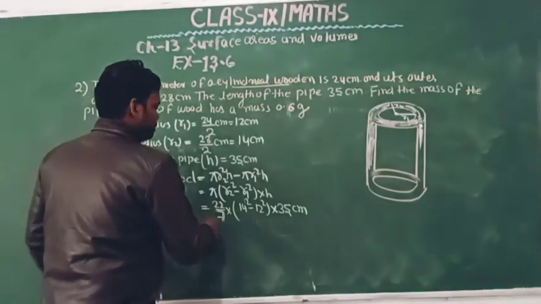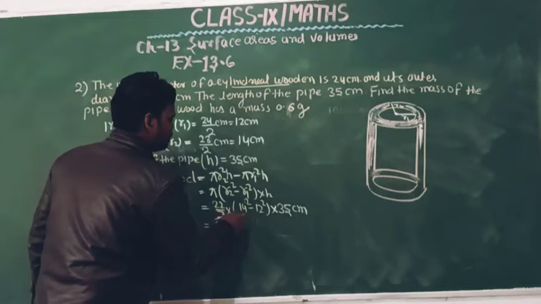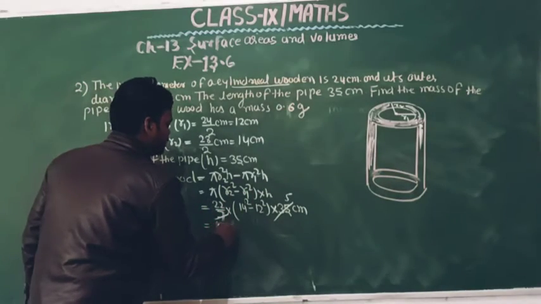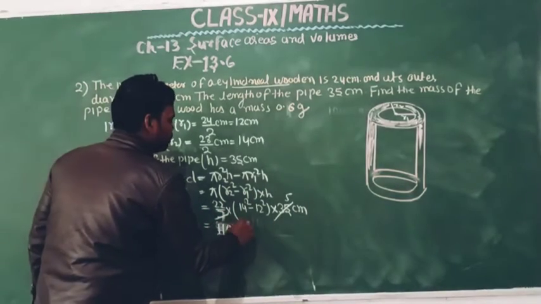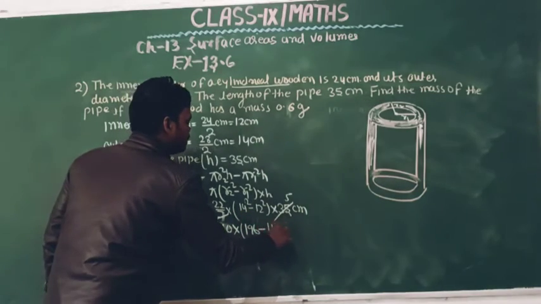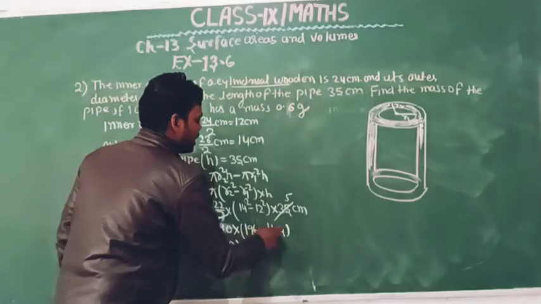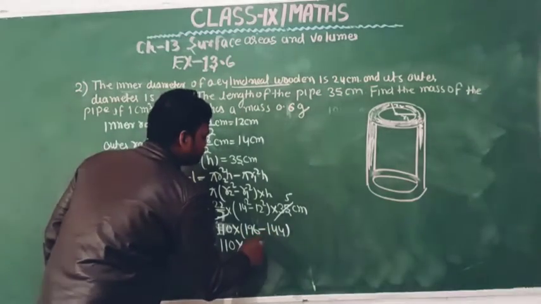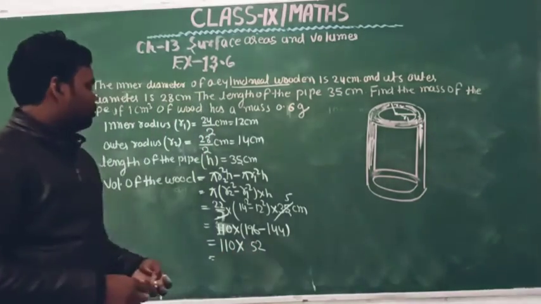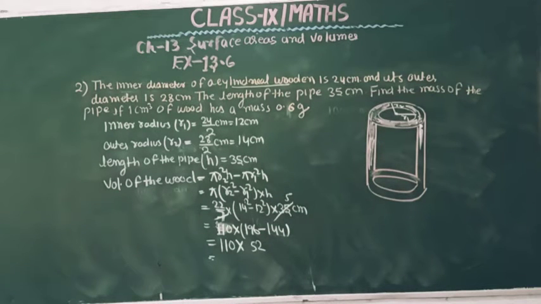Now simplify further. Here 22 by 7, 7 fives are 35, and 5 multiplied by 22 is 110, into 196 minus 144. Square of 14 is 196 and this is 144. So 110 into 52.